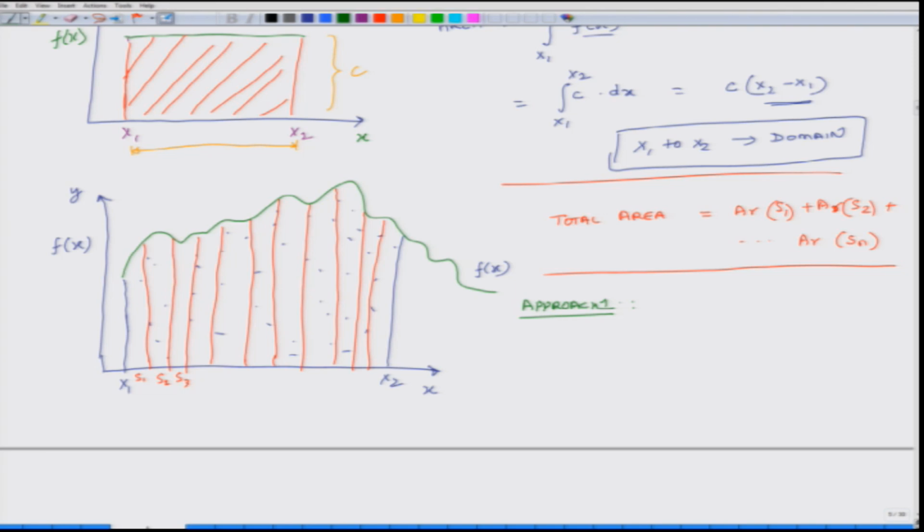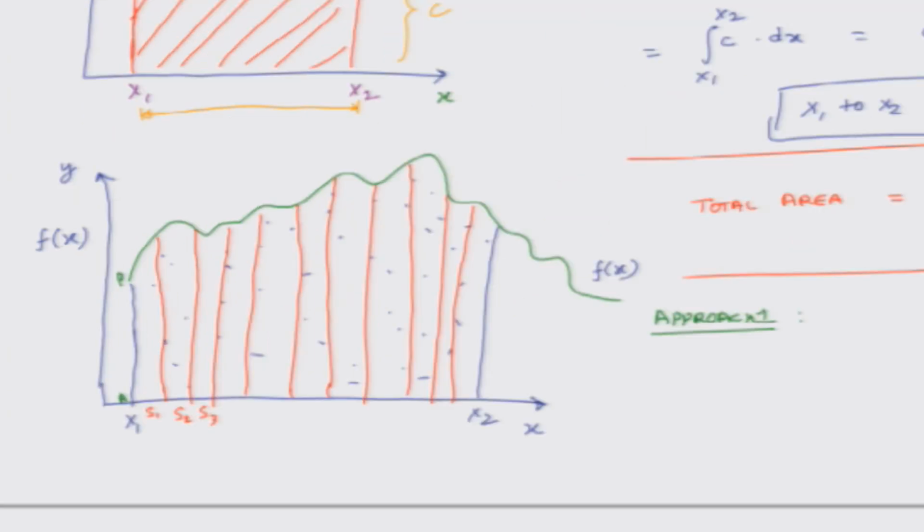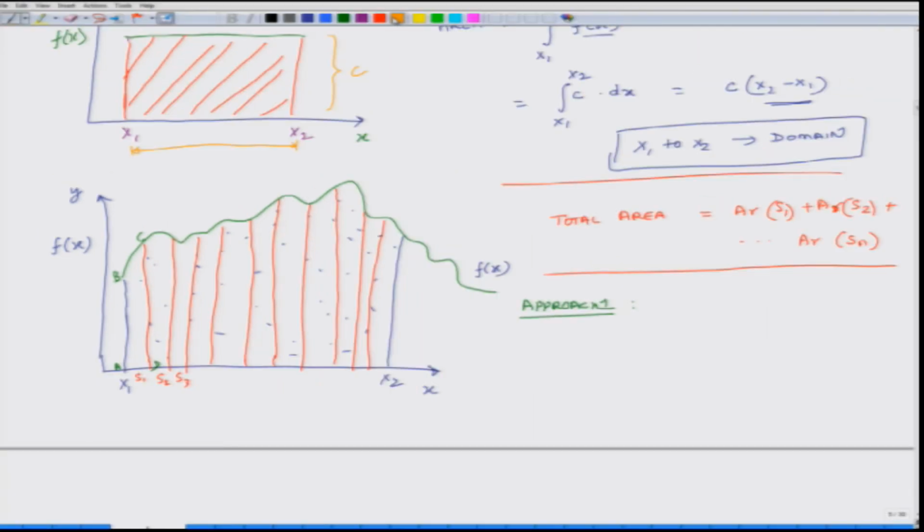Here what I do is I assume that the height of this, so let us put some labels A, B, C, D. What we are trying to figure out is the area of ABCD, and our first approach is that the height of this ABCD is constant.